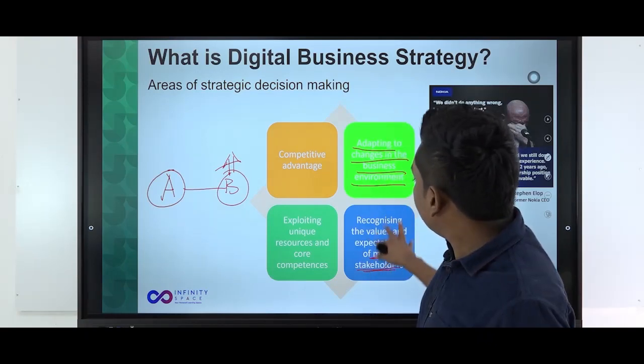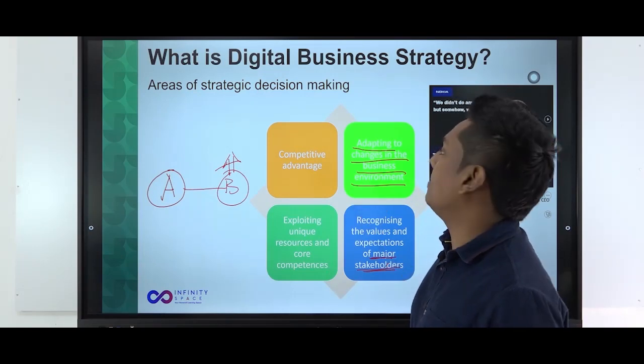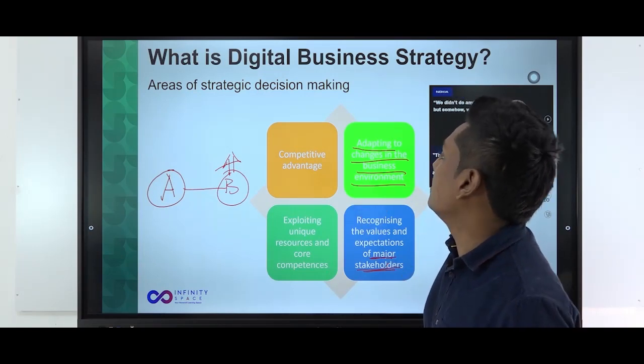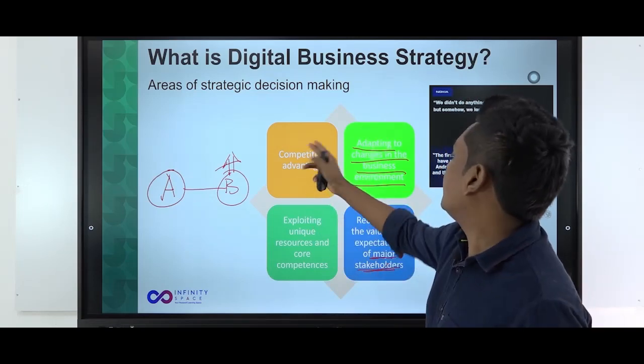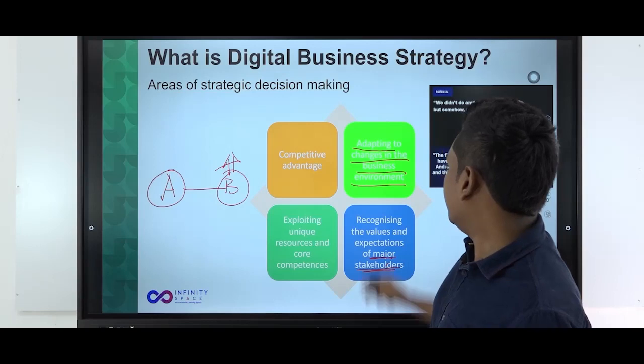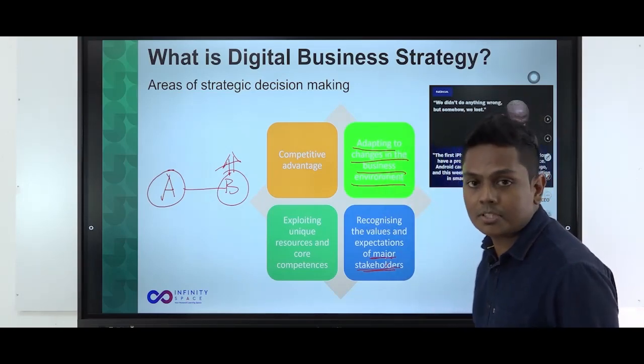So when they make a strategic decision, they need to consider initially, let's say, the competitive advantage, and then adapting to changes in the business environment.